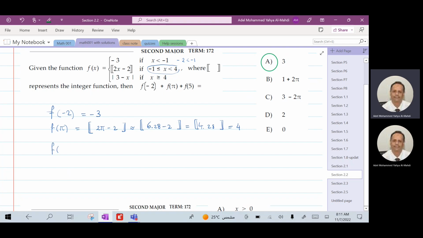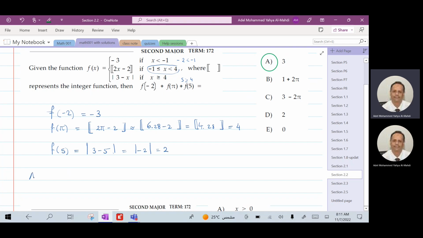Finally, f at 5. So 5 is here. 5 is bigger than or equals to 4. It will be the absolute value of 3 minus 5, the absolute value of -2, and we know it is 2. Now we add 2 with 4, which is 6. 6 minus 3 is 3.